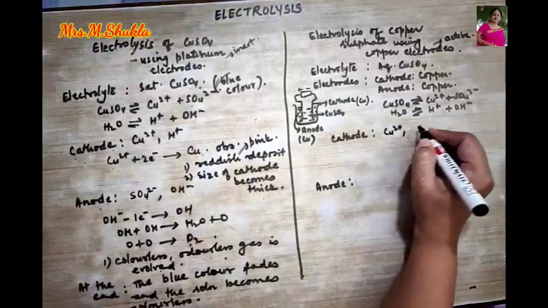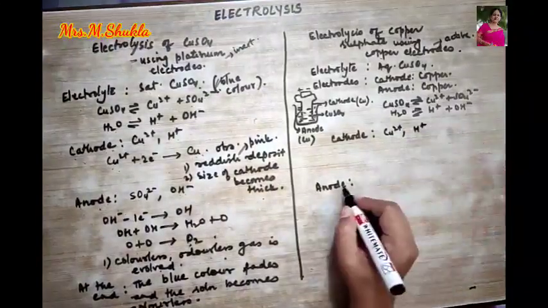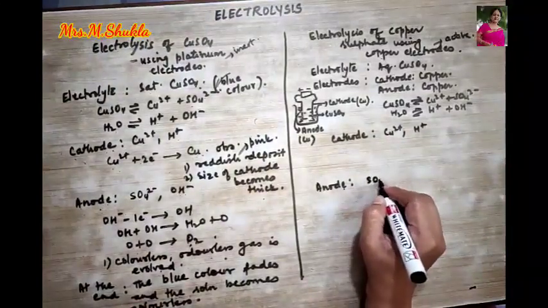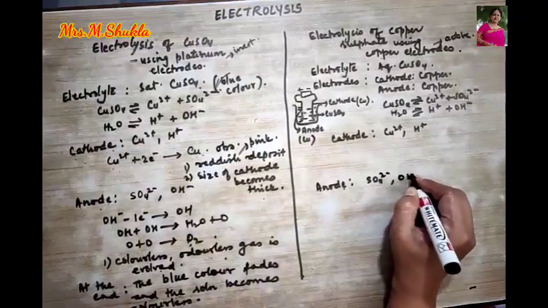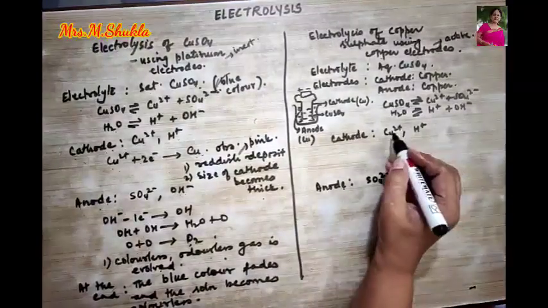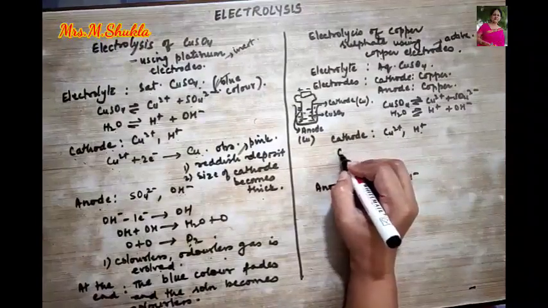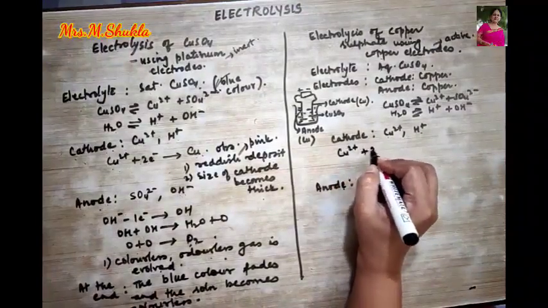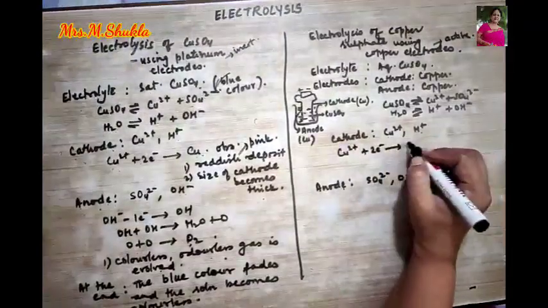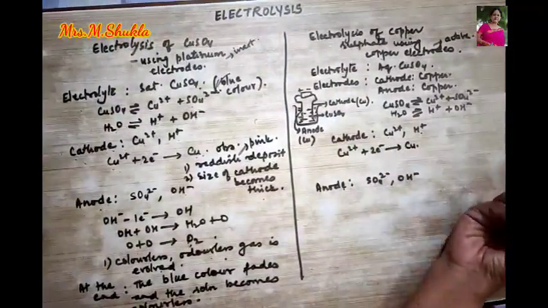Copper ion plus hydrogen ion. What ions are going to move over here? Sulfate ions and hydroxyl ions. So who is going to get the preference here, copper or hydrogen? Copper ions are going to get the preference over here.